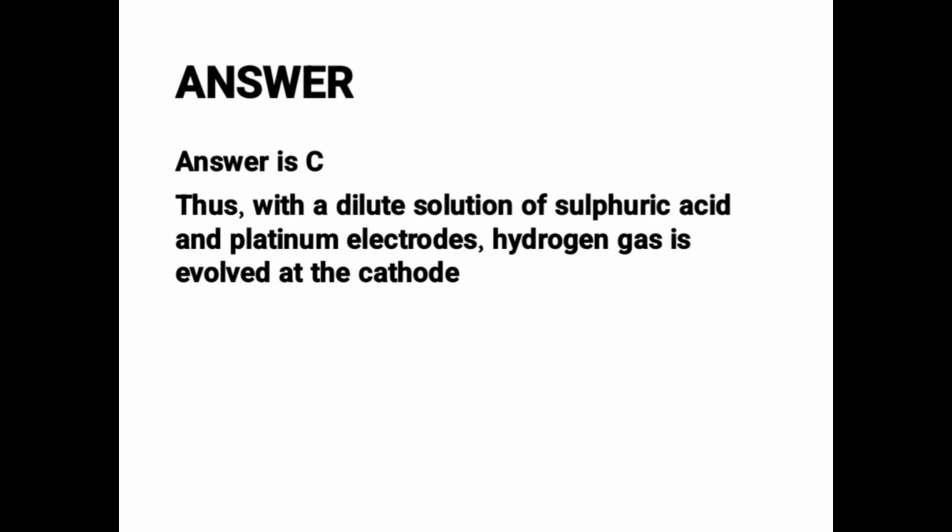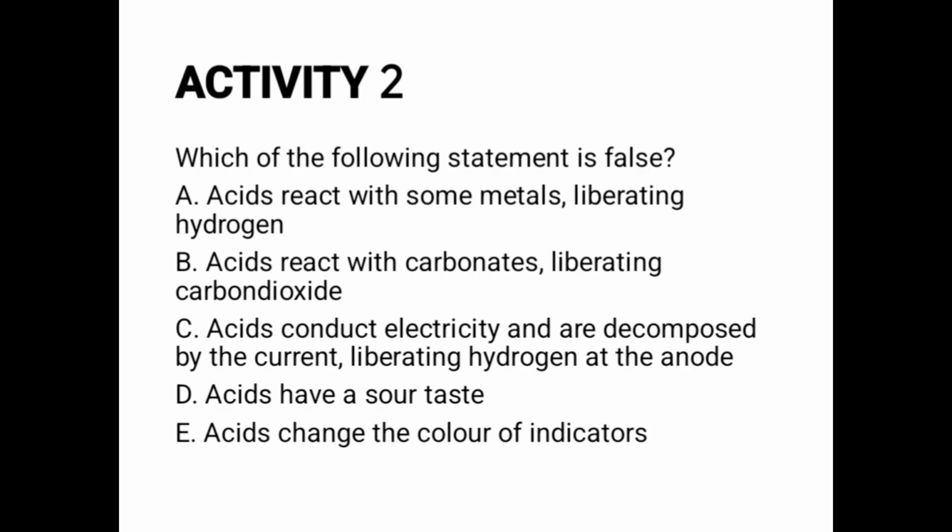With a dilute solution of sulfuric acid and platinum electrodes, hydrogen gas is evolved at the cathode. So hydrogen gas is evolved at the cathode, not at the anode. This is an example of electrolysis of acidified water, for instance.